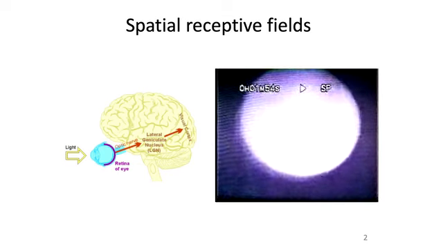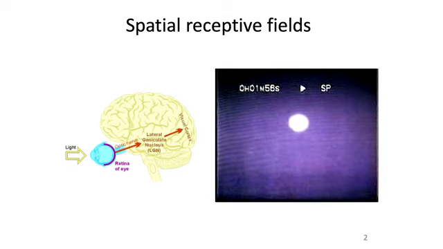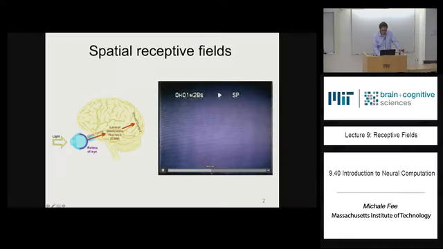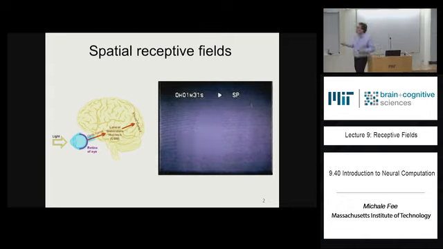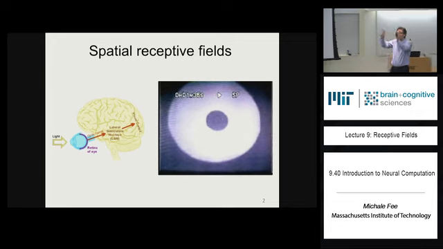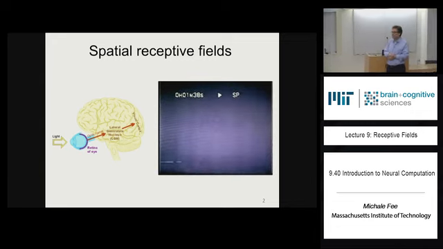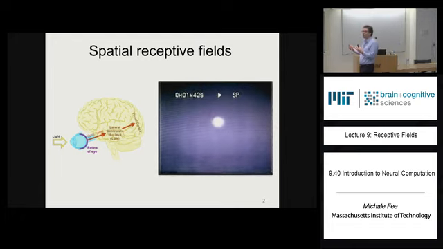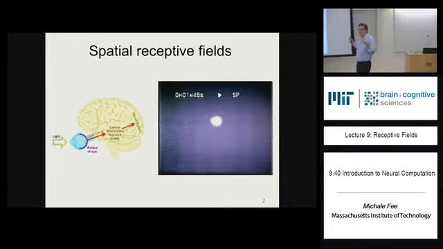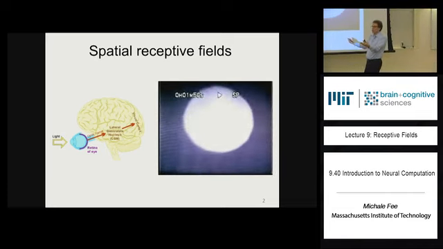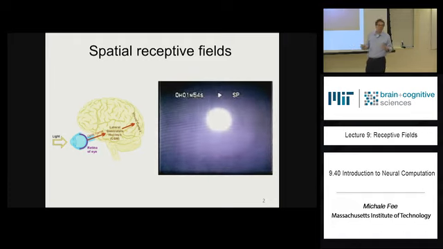Notice that the cell also responds when you turn off a stimulus that is bright in the area surrounding that small receptive field. Okay? So the neuron has parts of its receptive field that respond with increased firing when you apply light, and they also have parts of the receptive field that respond with higher firing rate when you remove it.